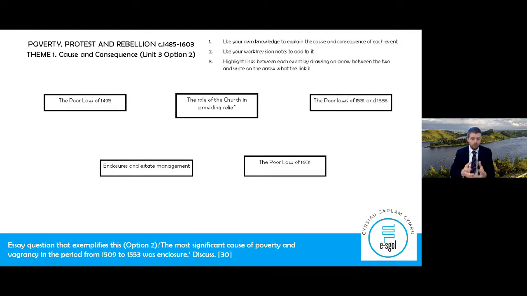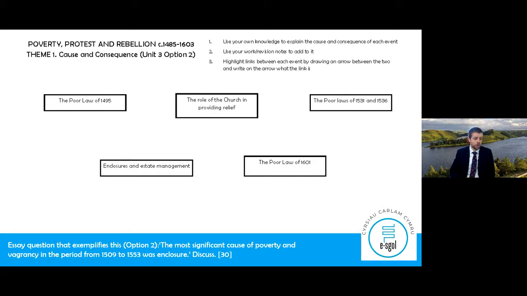So an example of an essay question that exemplifies this: the most significant cause of poverty and vagrancy in the period 1509 to 1553 was enclosures. This question is specifically asking you to look at the causes of poverty. By looking at the specific cause and events content in the specification, you can do that.